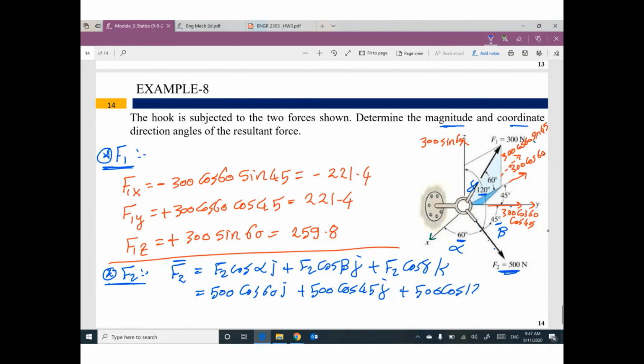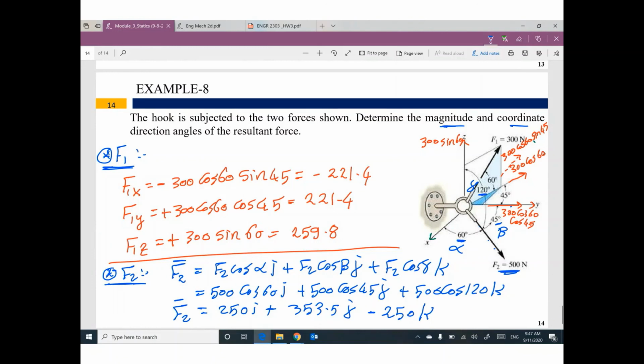Your final components for F2: 500 times cosine 60 is 250 I. 500 times cosine 45, your value will be 353.5 J. I think this one will be negative. 500 times cosine 120 will be negative 250 K.